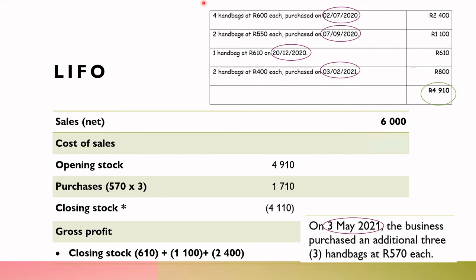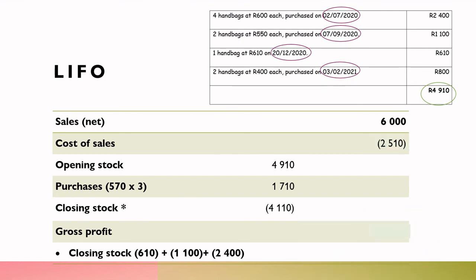When we add those together, that will give us our closing stock. We can then calculate our cost of sales by saying opening stock plus purchases minus closing stock gives us the amount of 2,510 Rand. Now, sales minus cost of sales gives us the amount of 3,490 Rand.